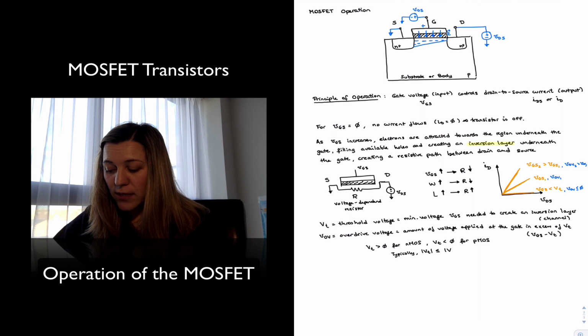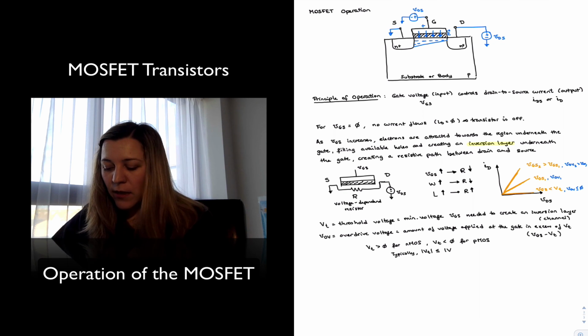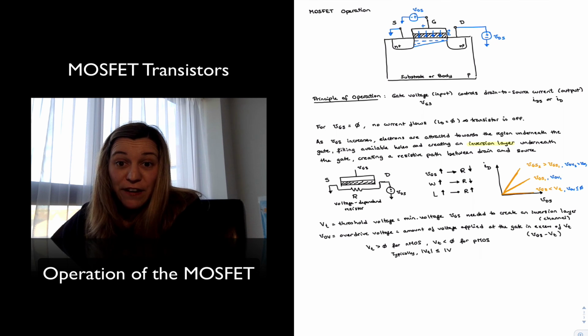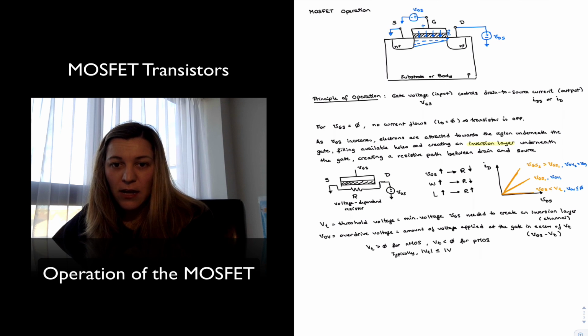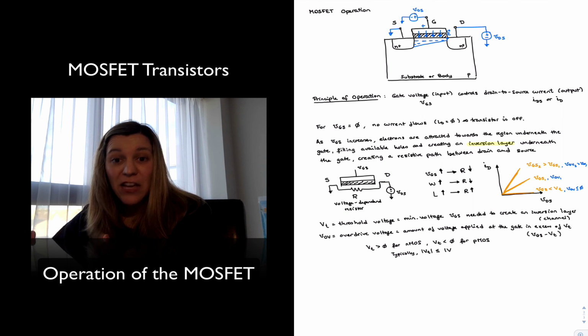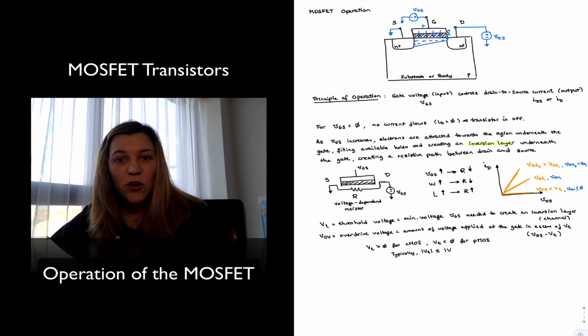And the reason for that is as VDS goes increasing and gets close to VGS, the difference in voltage, or the effective voltage that's being applied on the drain side, is smaller. So there's less delta from the gate to the drain than there is from the gate to the source. So the gate voltage is higher with respect to the source, meaning it creates a wider, stronger inversion layer on that side than it creates on the drain side.